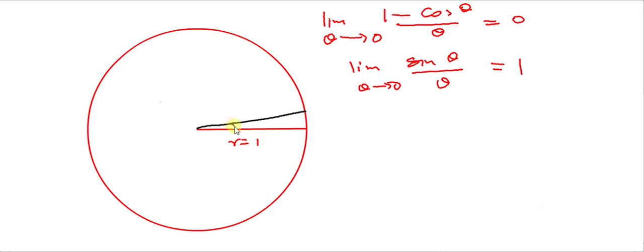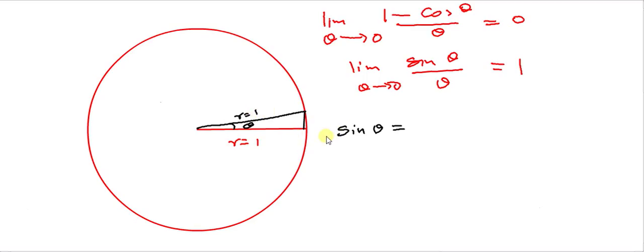Theta is very small, and this is the vertical length. Sine theta is numerically equal to it, because the hypotenuse here is also r, equal to 1.